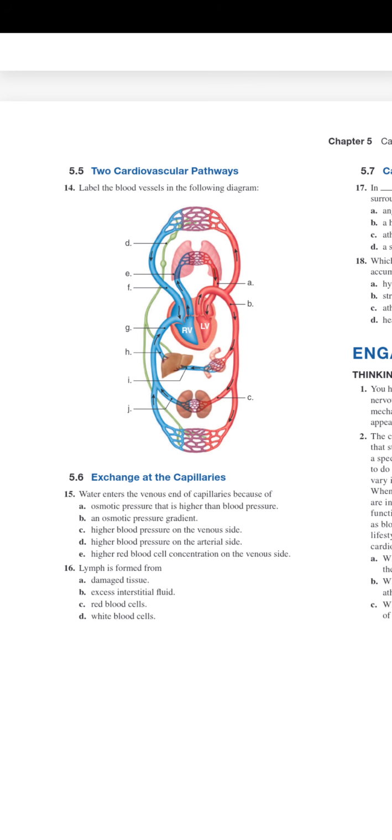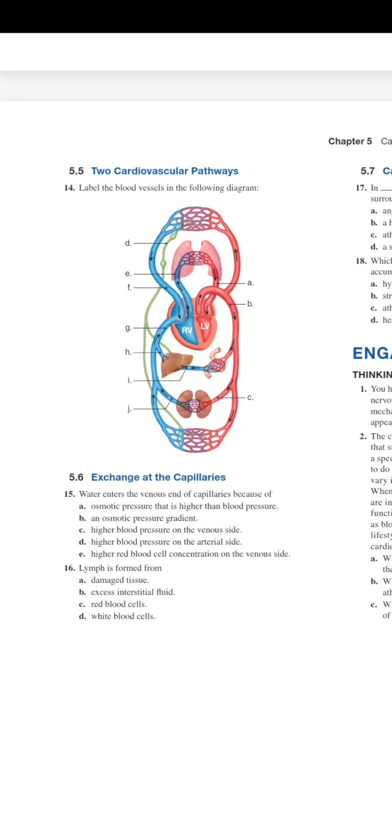H, look at the organ it's attached to, which is the liver. The liver is hepatic, so this is a hepatic vein, because anything going towards the heart is a vein, and anything going away from the heart is an artery. I, now this is a special vein that you have to know its name.